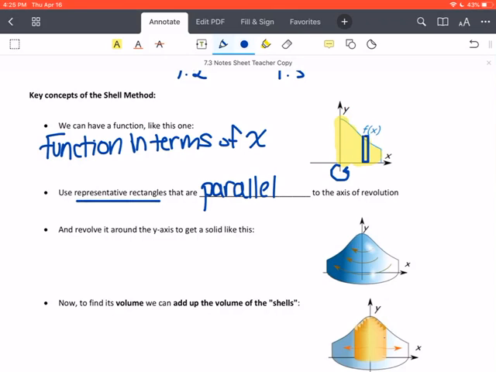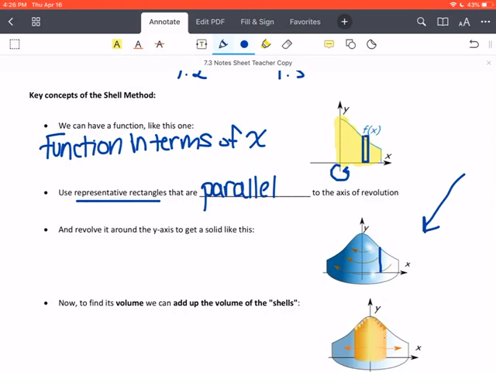So in the shell method, we think about our rectangle rotating 360 degrees about the axis of revolution. What we would end up getting if we rotated our entire yellow area is this solid that you see here, but we need to think about what it's composed of.